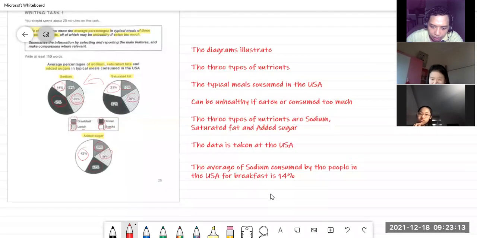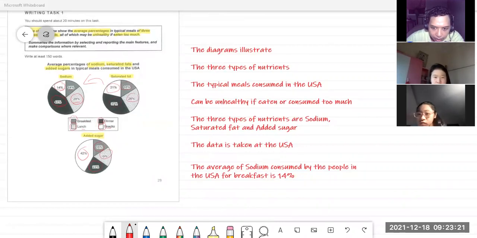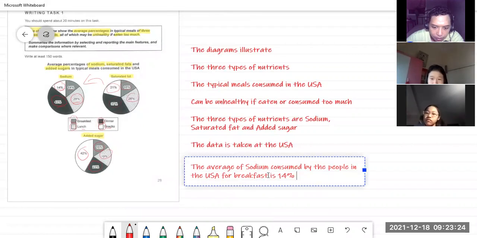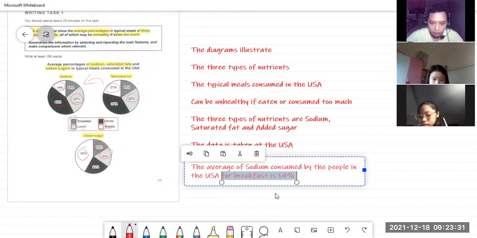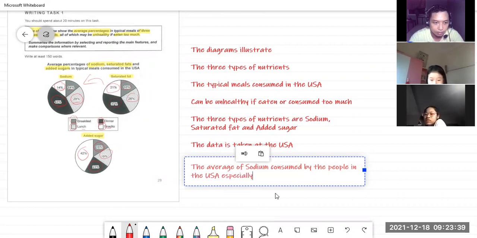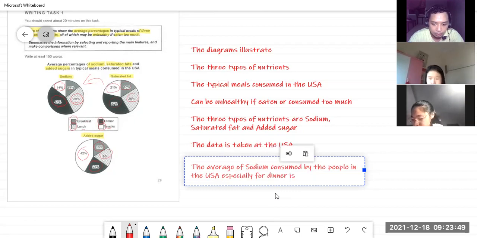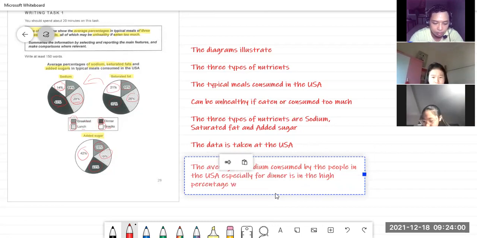So we can say the average of sodium consumed by the people in the USA, especially for dinner, is in the high percentage with 43%.